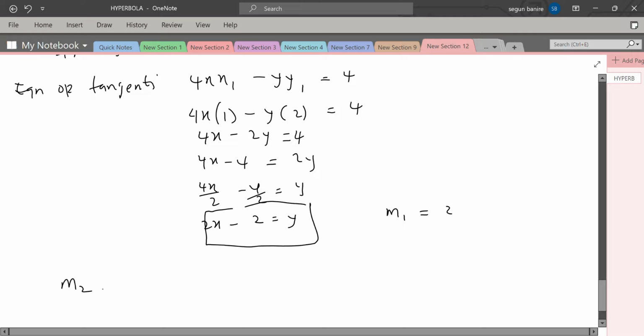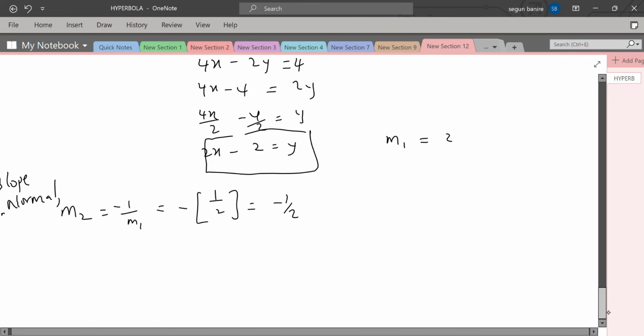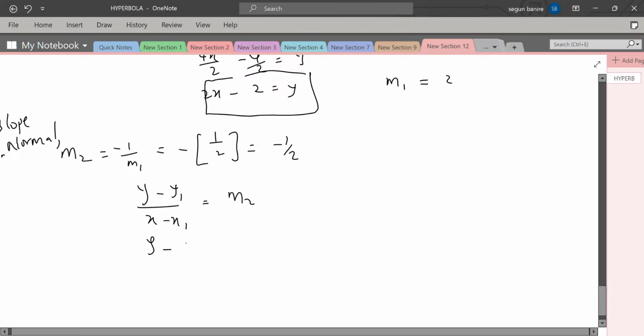So what is m2, which is the slope of the normal? m2 will be minus 1 over m1. So minus the inverse of m1, which is 1 over 2. So that is minus 1 over 2. So we have (y minus y1) over (x minus x1) is equal to m2. What is y1? y1 is 2, x1 is 1, equal to minus 1 over 2.